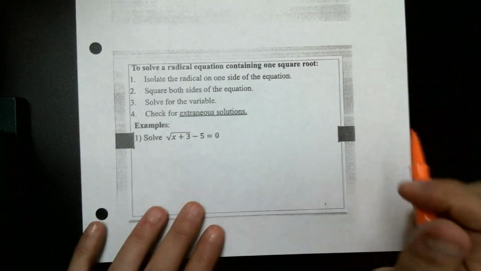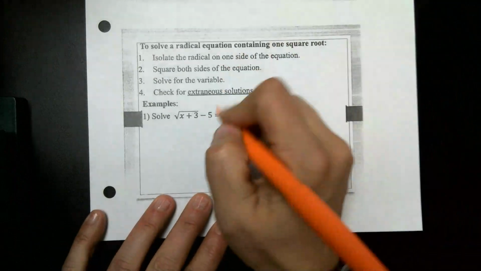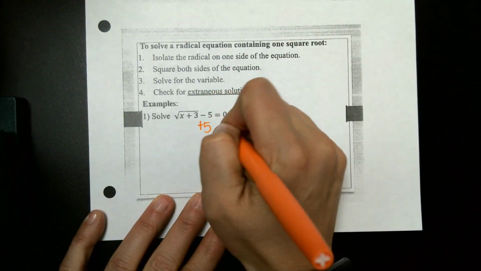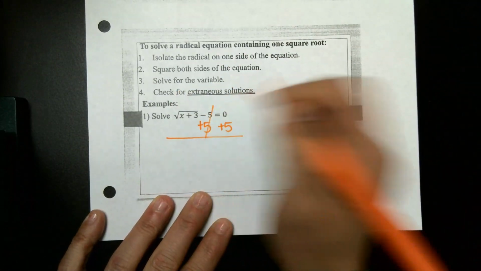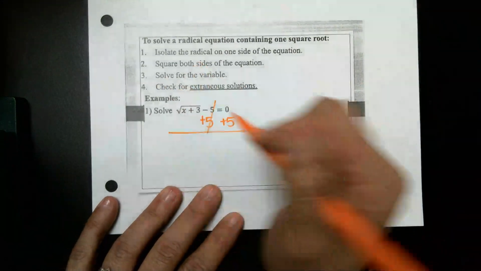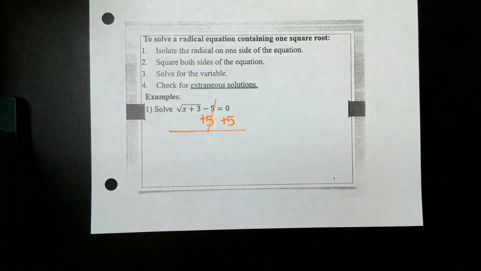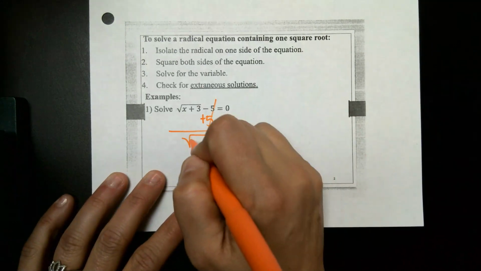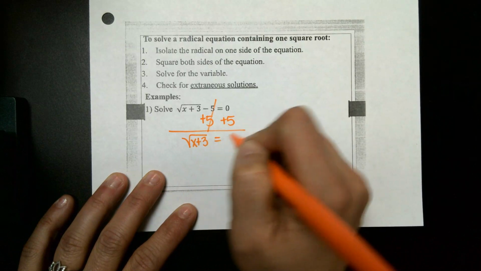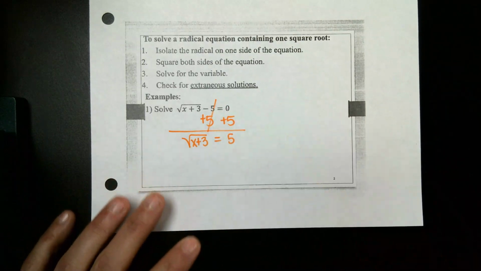I'm going to move that 5 over, and since it was a -5, we're going to add 5. Has that radical disappeared yet? No. So bring the square root of x plus 3 down, equals, and then 0 plus 5 is 5.